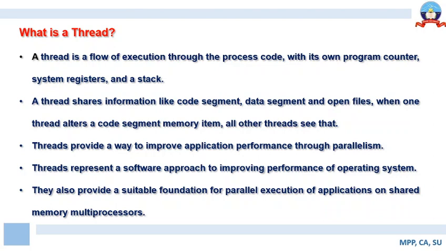Whenever there is any alteration to any of these shared contexts, it is reflected to all the other threads in the process. Thread provides a way for improving the overall application's performance by enhancing parallelism. Thread represents a software approach to improving overall performance of the operating system, and it provides a suitable foundation for parallel execution of applications on shared memory.